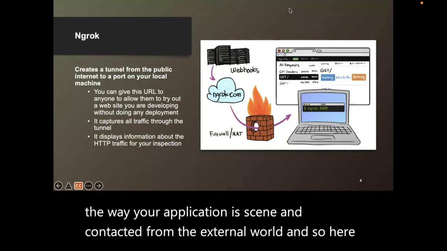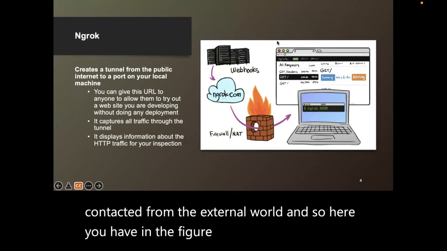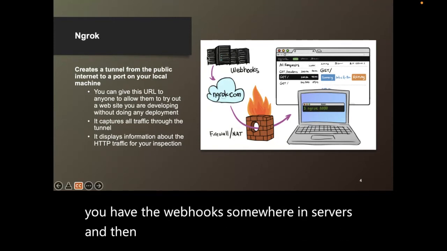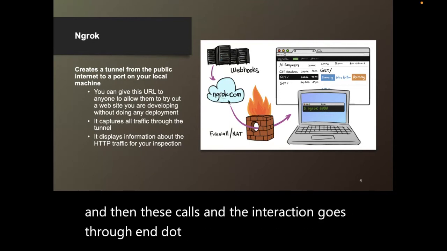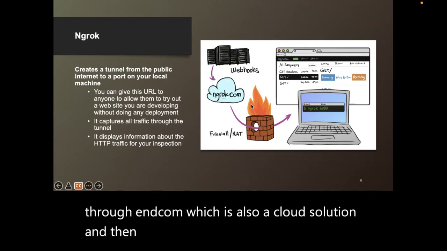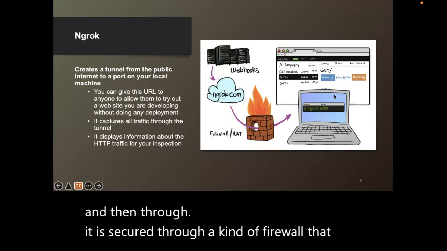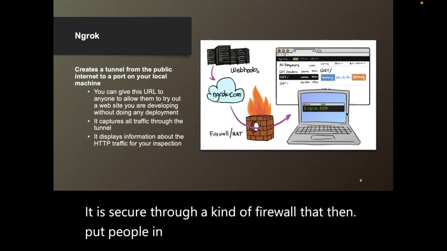And here in the figure, it's nicely represented. You have the webhooks somewhere in servers, and then the calls and the interaction go through ngrok.com, which is also a cloud solution, and then it is secured through a kind of firewall that puts people in contact with the port of your machine.